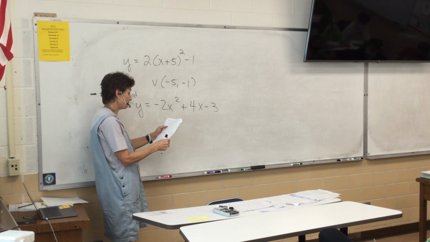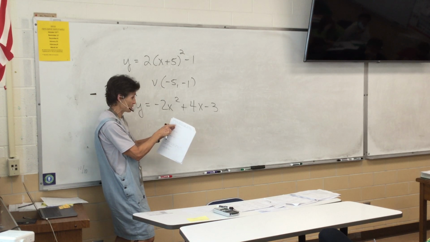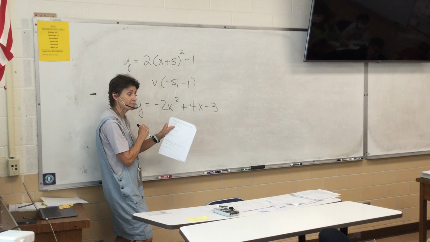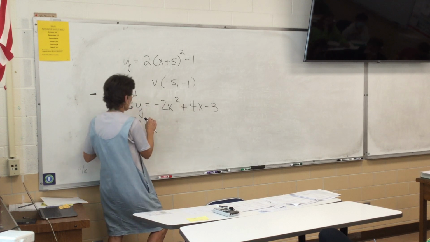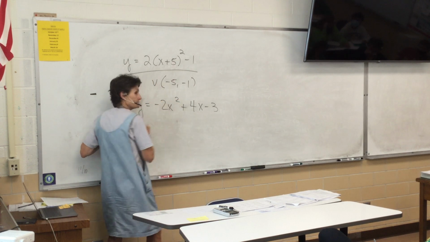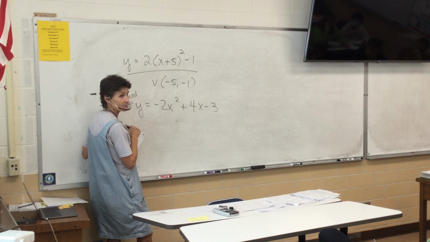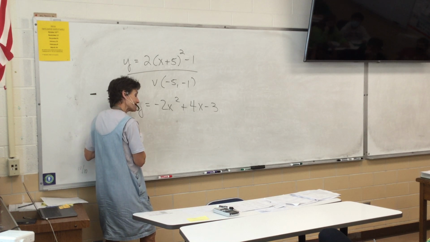One option is to rewrite it in vertex form, which is what the directions to this problem say. So somehow we have to change this equation to work like this. Okay, now how do you think we might do that? Does anyone have any ideas about how we might do that? Mr. Hollis?